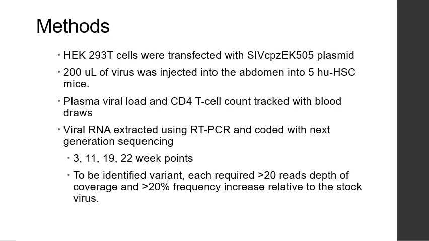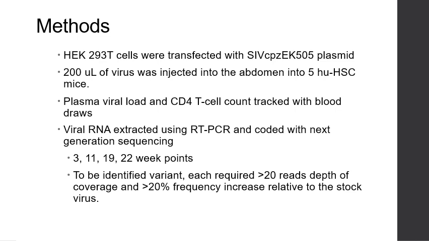So that's just a specific strain of SIV-CpZ. They injected 200 microliters of the virus into the abdomen of 5 humanized mice, and they tracked the impact of the virus by doing blood draws to find the plasma viral load and the CD4 T cell count.